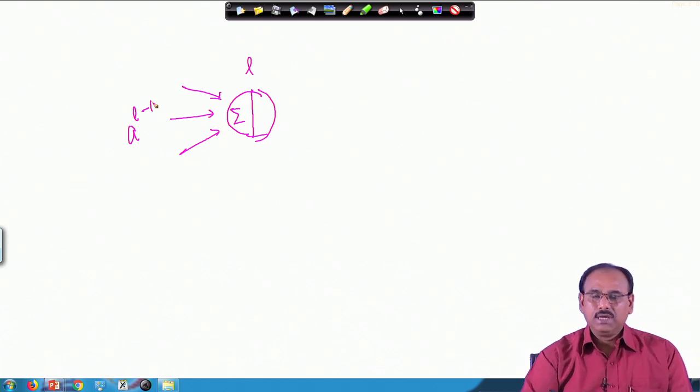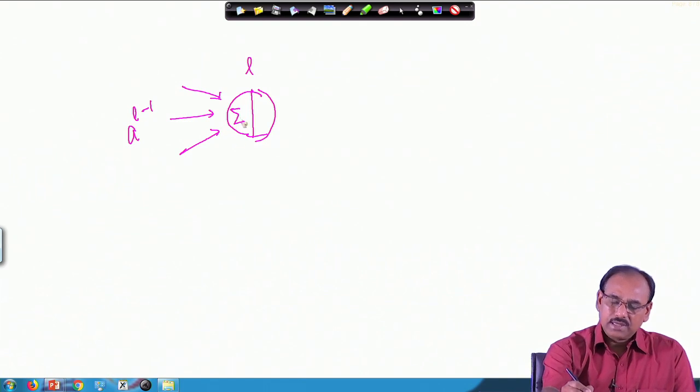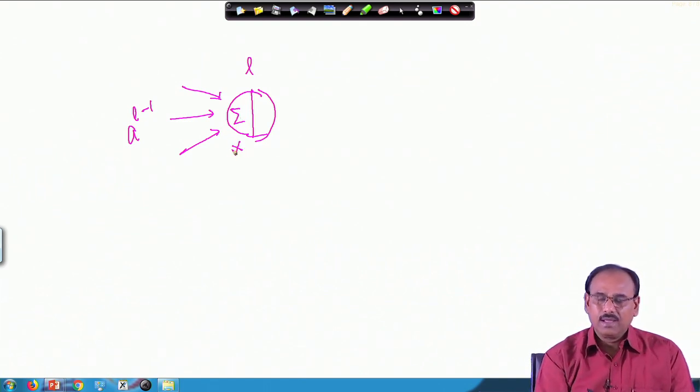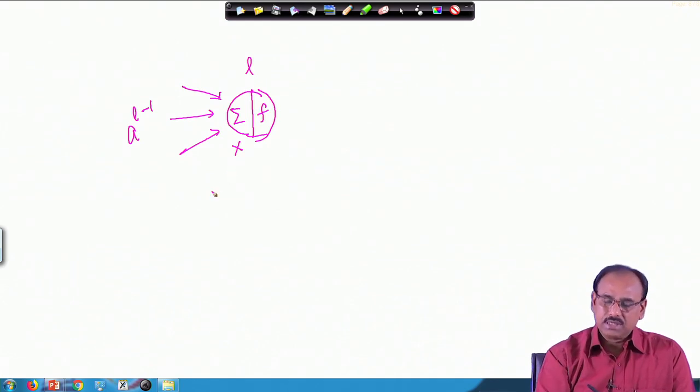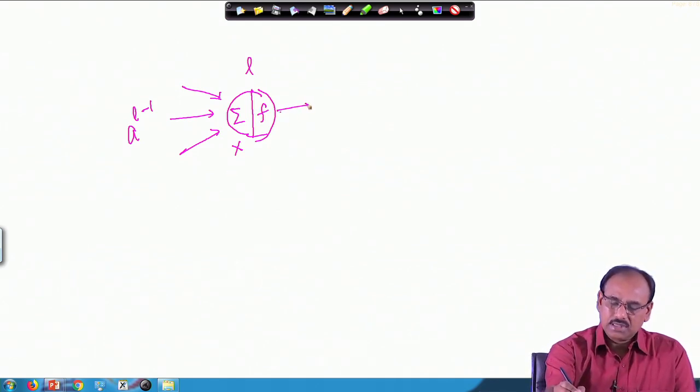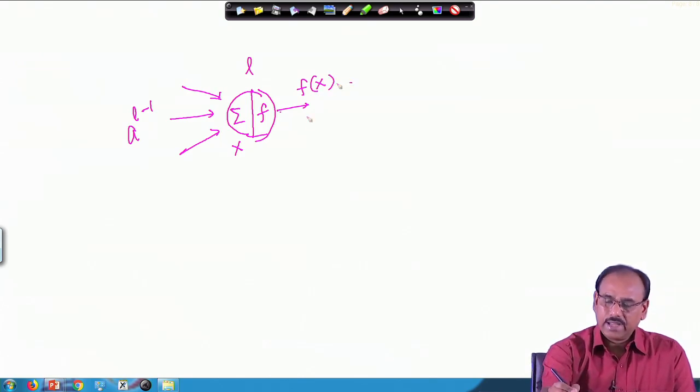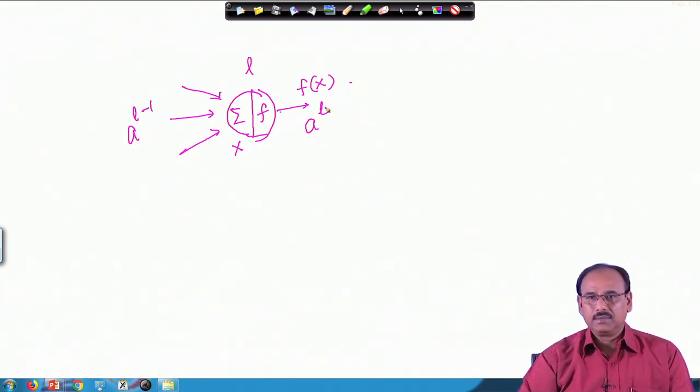The first part of the neuron computes the weighted sum of the activations that it receives from the previous layer, and this output, let us call it X. The other part is the computation of the activation of this X. So the output of this neuron is f of X, or I can say that this is the activation of the Lth layer.